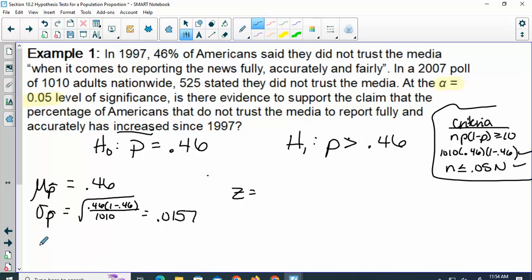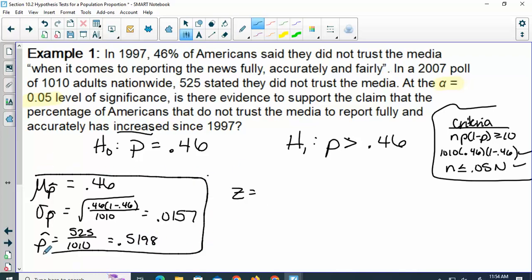So p hat. So z is our value minus the mean divided by the standard deviation.